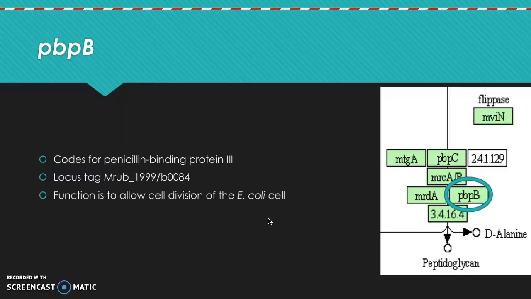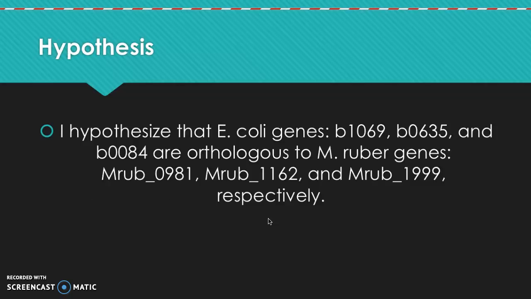Its function is to allow cell division of the bacterial cell during peptidoglycan biosynthesis. So I hypothesized that all the E. coli genes that I chose are actually orthologs to the M. ruber genes chosen, due to the background information that I picked up from the KEGG map.